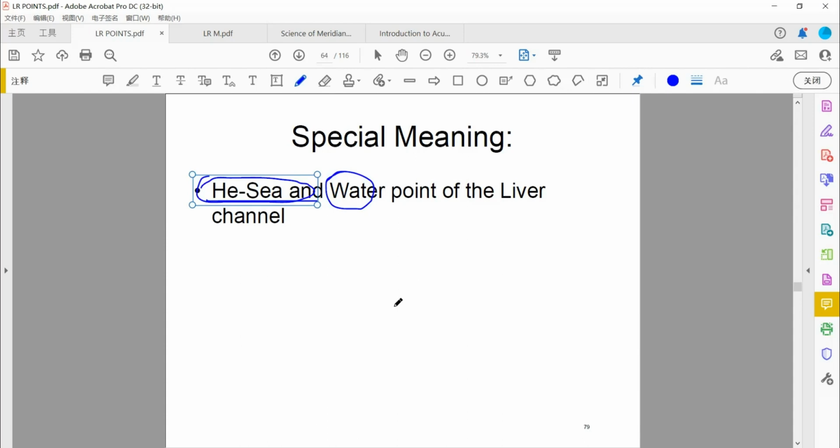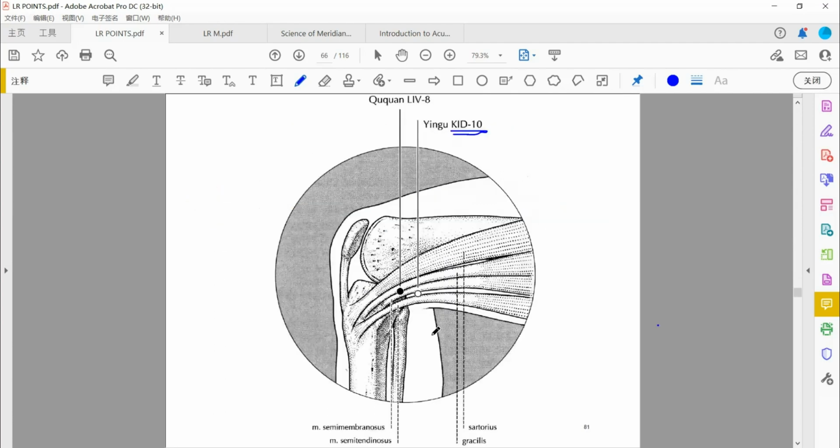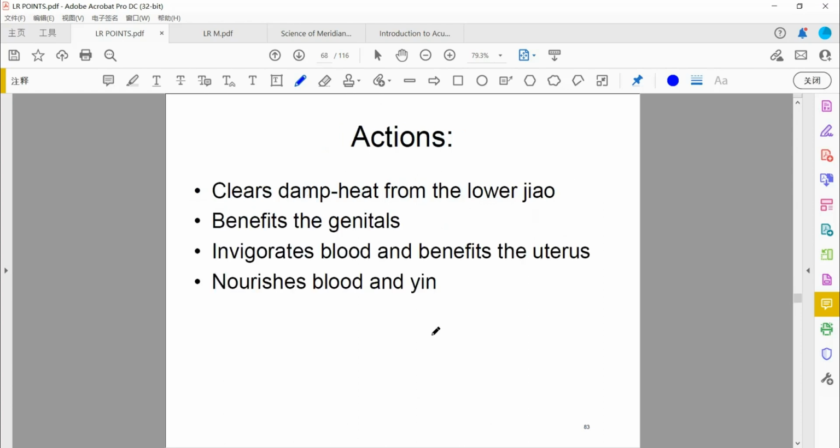The water point is a mother point. Okay, it's a mother point.